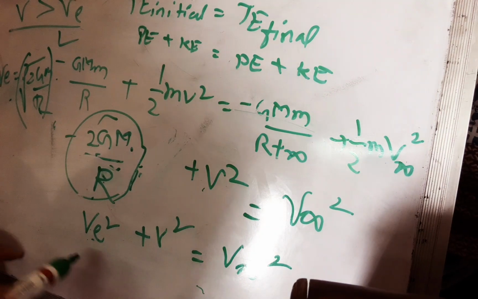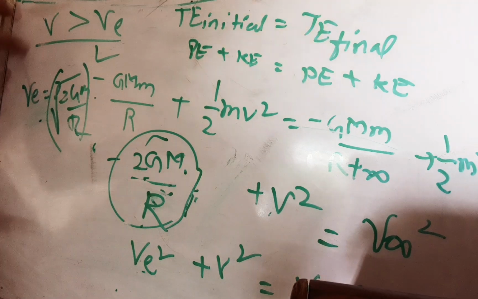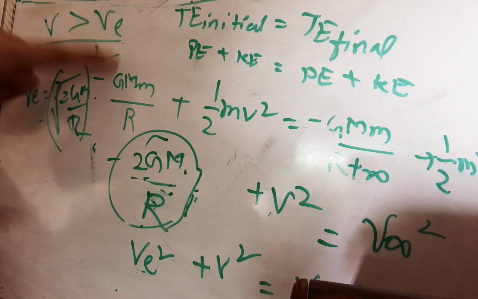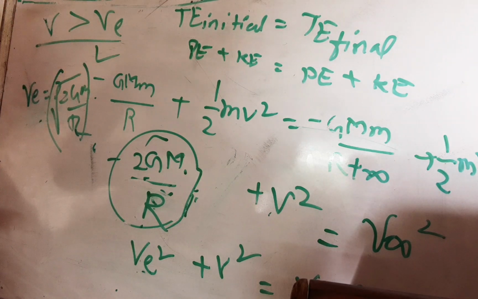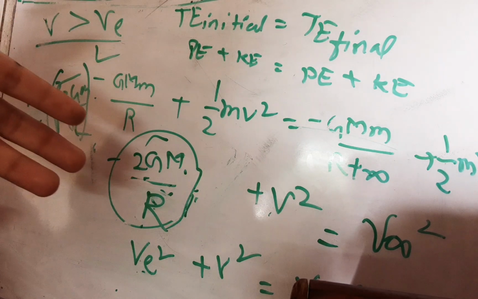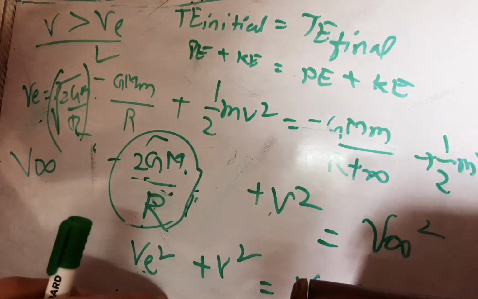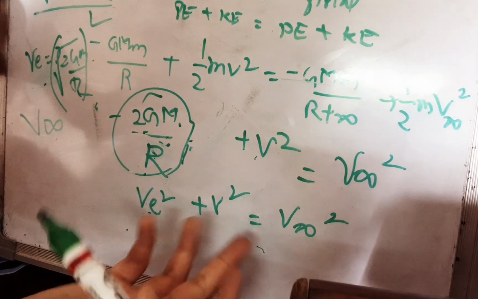So from here, in this type of question, they will ask: when the velocity we used is greater than escape velocity, then after reaching infinity distance, what will be the velocity? I told you we will represent that velocity with v infinity. So from this you need to find v infinity only.